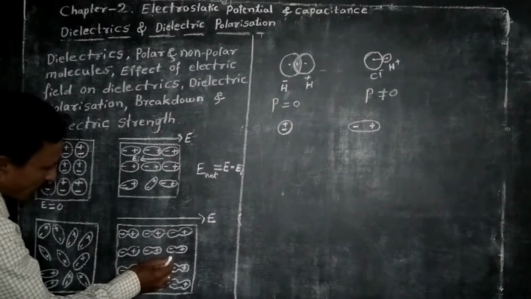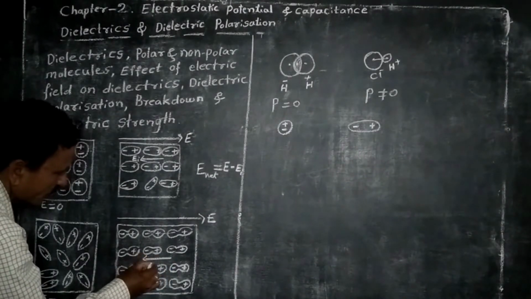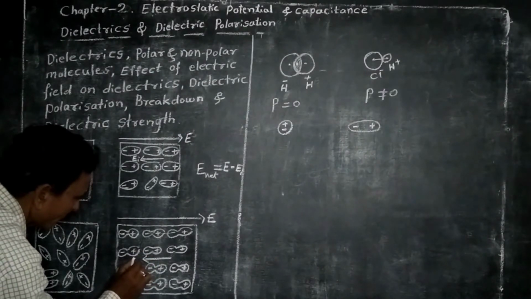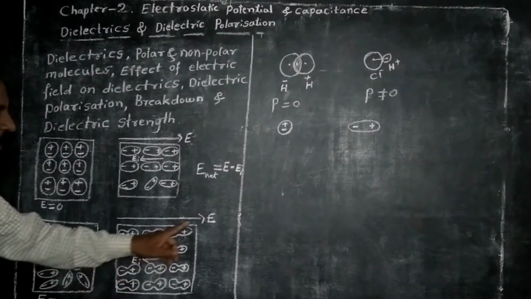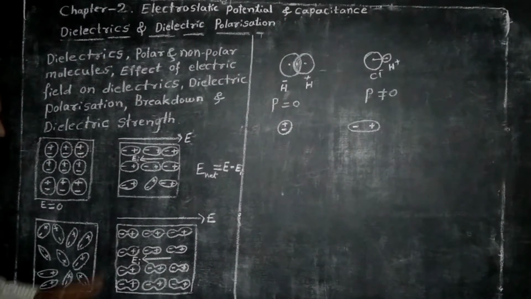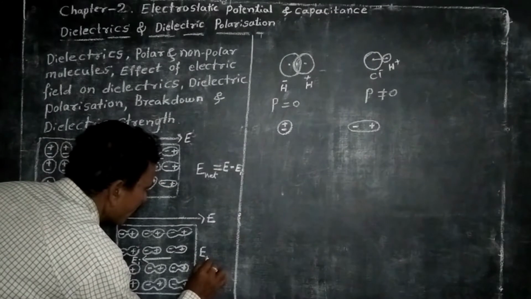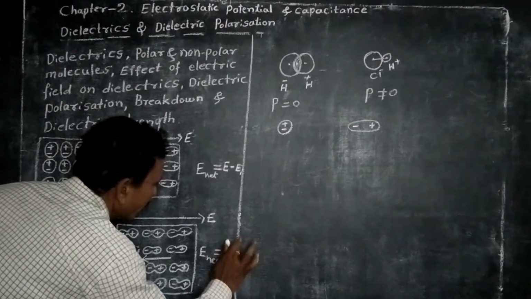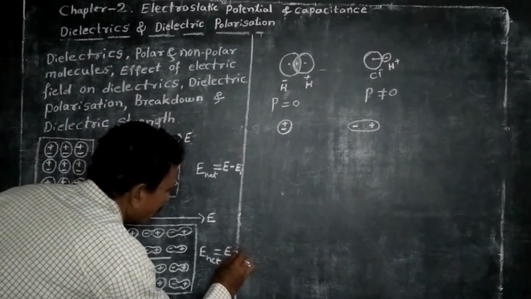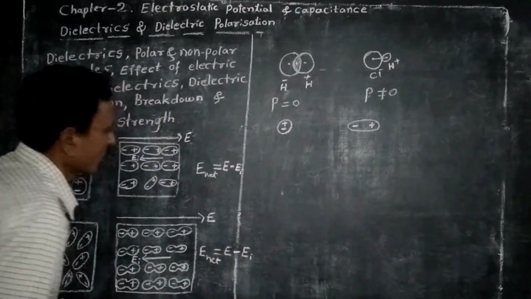Therefore, an electric field is induced inside the slab and is represented by EI. And EI, that is the induced electric field, is always less than the applied electric field. Therefore, the net electric field E net is equal to the applied electric field minus the induced electric field.